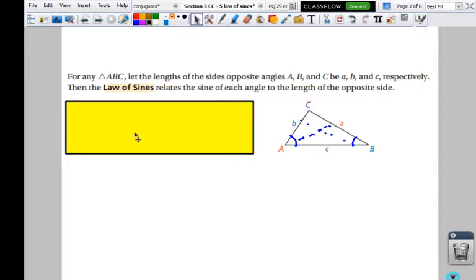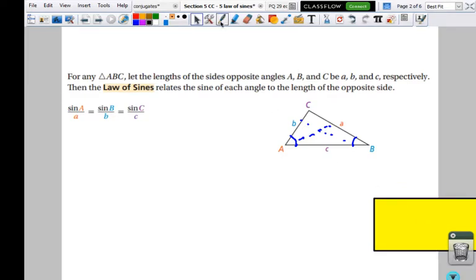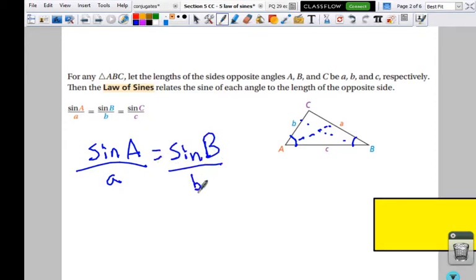Let me write this bigger. Law of sines says sine of angle A divided by the opposite side, lowercase a, equals sine of angle B divided by the opposite side, lowercase b, which equals sine of angle C divided by the opposite side, lowercase c.